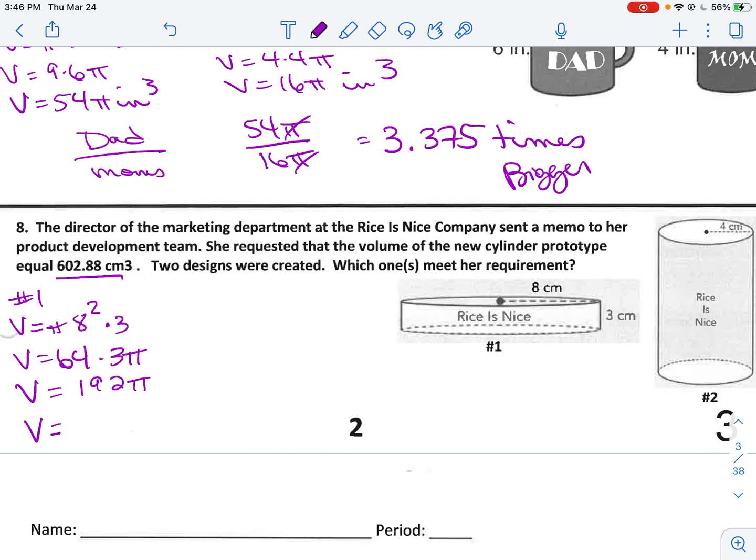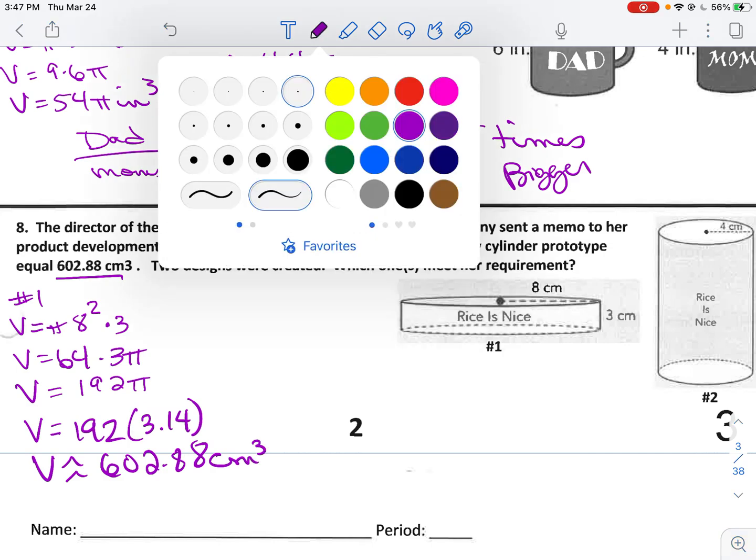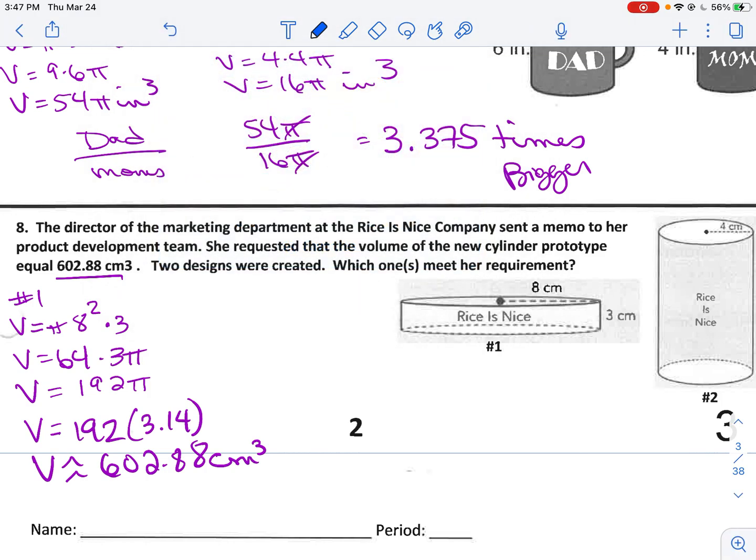And if I multiply that out, 192 times 3.14, I will come up with approximately 602.88 centimeters cubed. Now some of you are going to stop right there and say, oh, I don't have to do any more. Better be careful.